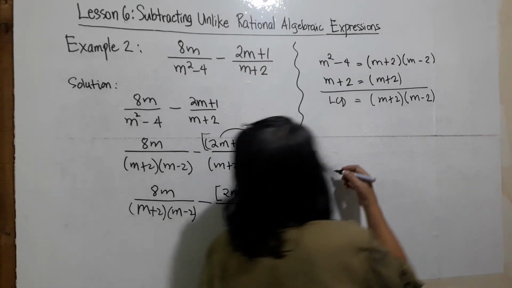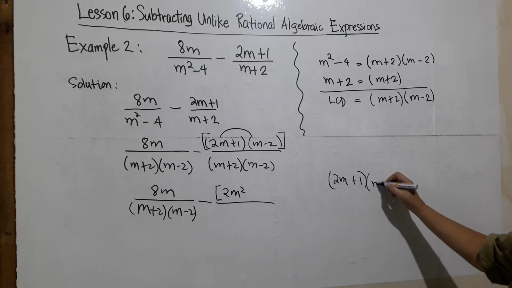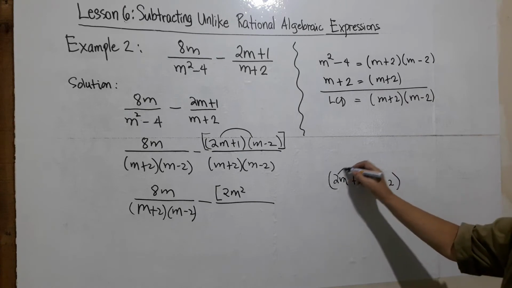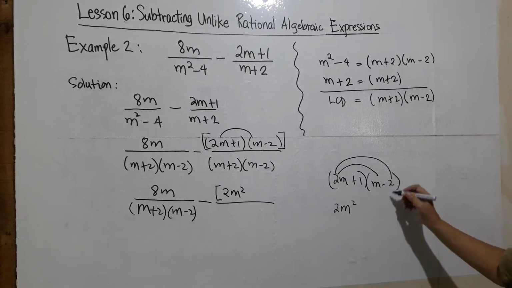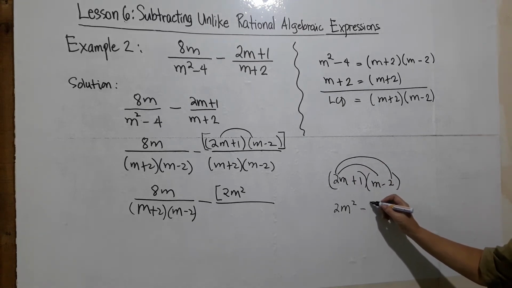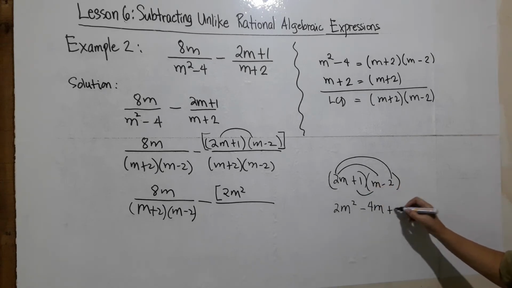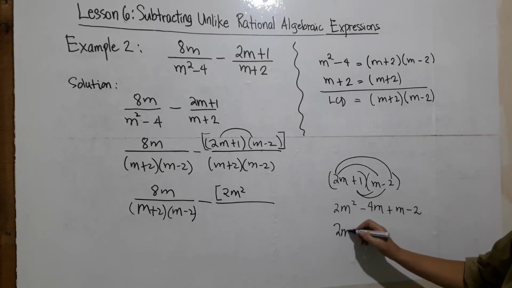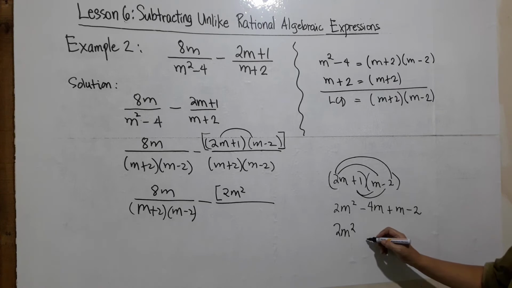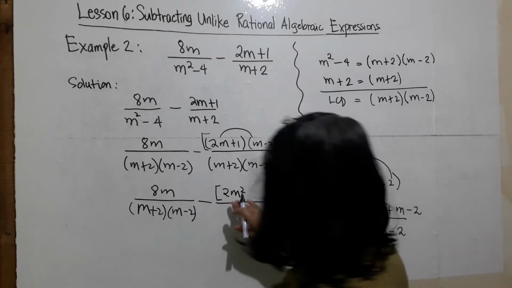I'll do it here: 2m plus 1, then m minus 2. So you have 2m squared, FOIL, outer terms minus 4m, inner terms plus m, last terms minus 2. So 2m squared minus 3m minus 2.